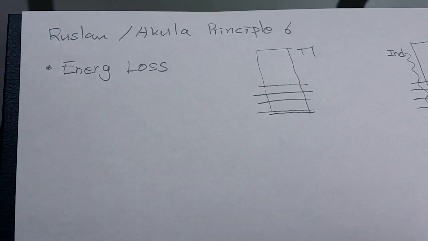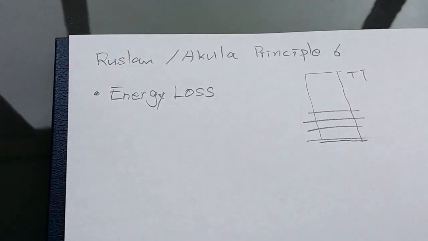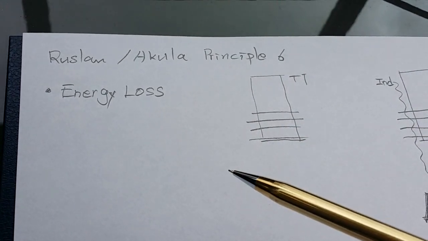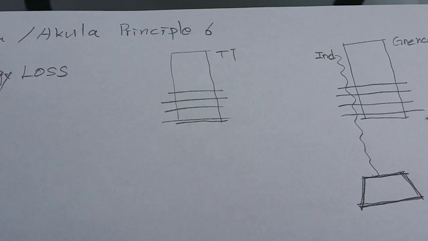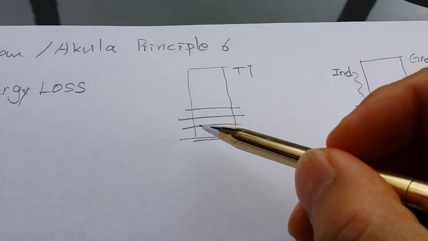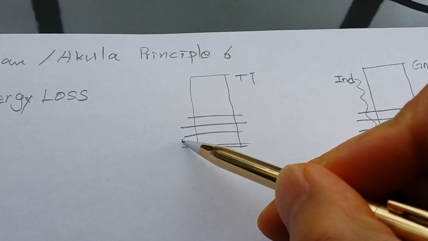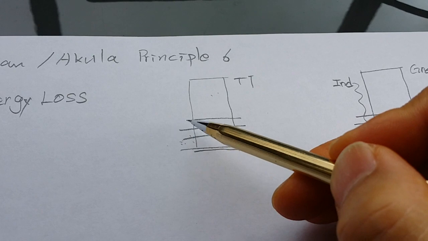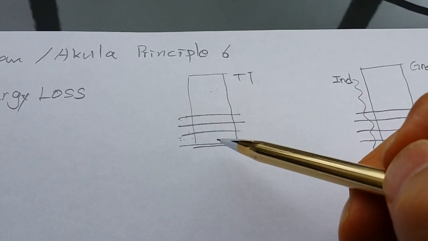This time I want to discuss the energy loss of the Ruslan Akula device. It's a very simple schematic. Where the loss happens is from the primary to the Tesla tower, primary to secondary, because it's not a ferrite core or anything inside.